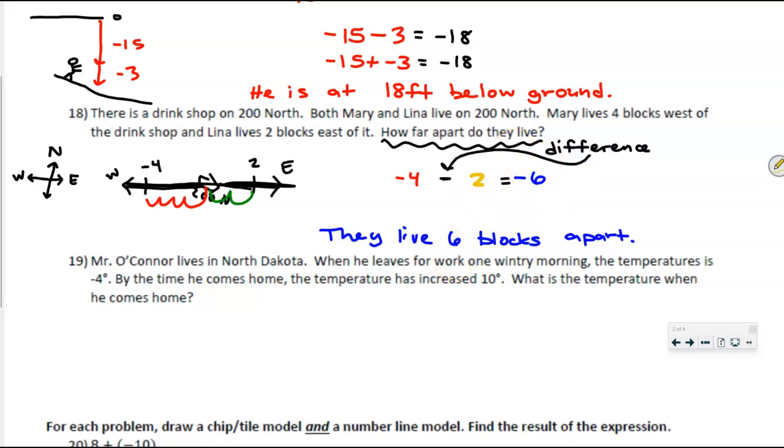No. You could also have reversed it and said 2 minus a -4. 2 minus a -4 is equal to a +6, and that also would have worked. Yes, but because I switched them, notice that this is a -6, this is a +6. So when I changed subtraction, it did change the answer, and I reflected that in those.